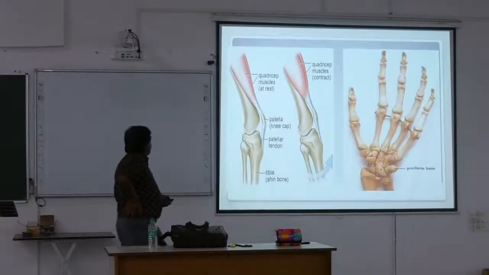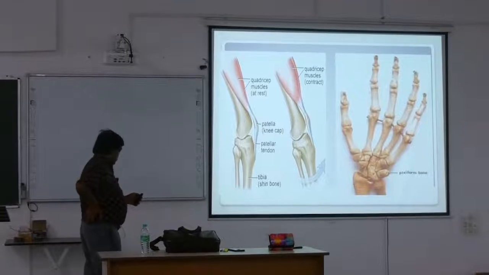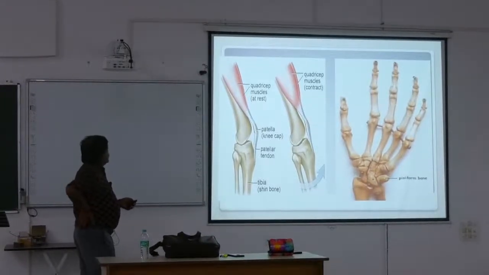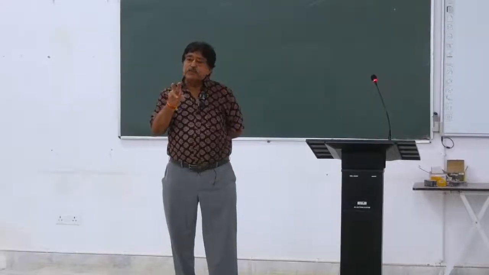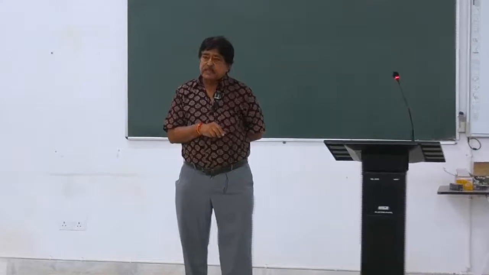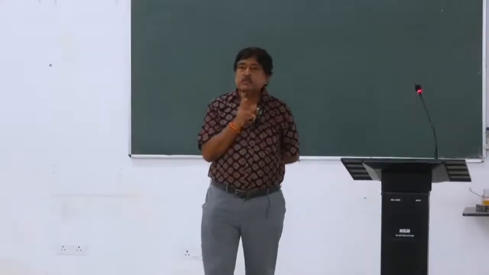Now you see, this is the quadriceps muscle at rest, and the quadriceps muscle contracts. The patellar tendon is here, the patella is here, the kneecap, and the tibia is the shin bone. It is very prone to fractures. So there are 2 modes.